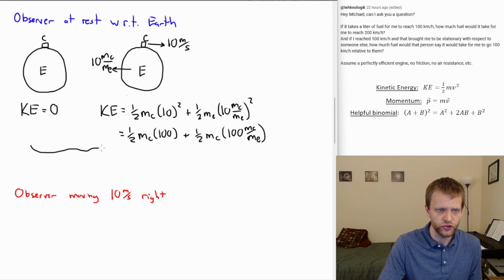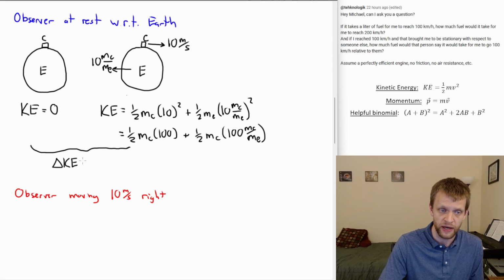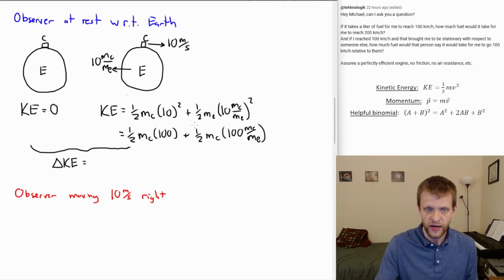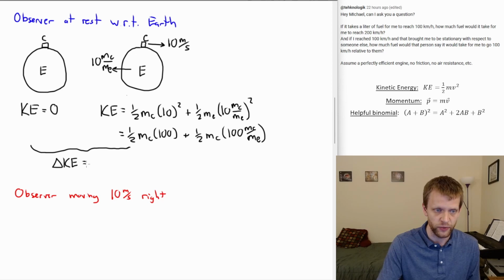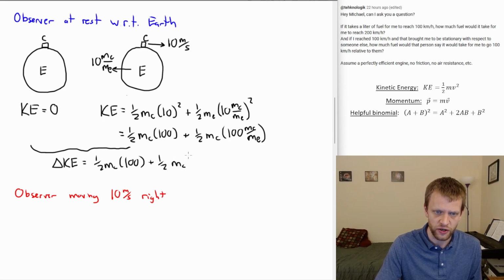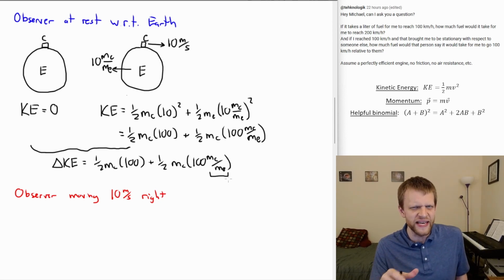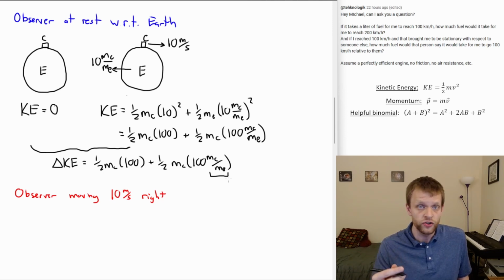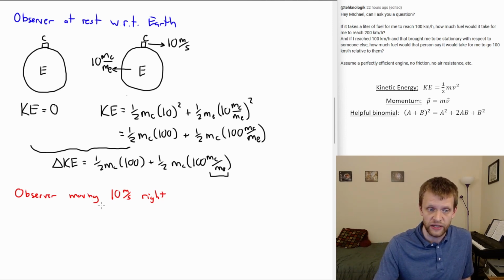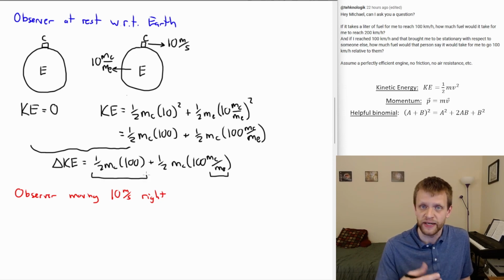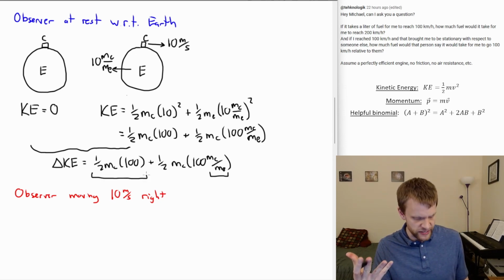And going between those 2 points, my change in kinetic energy, how much kinetic energy I've gained going through this motion, is just this expression: 1/2 mass of the car times 100 plus 1/2 mass of the car times 100 times the mass of the car over the mass of the Earth. Again, this mass of the car over the mass of the Earth is a tiny, tiny value. So in general, when we're looking in the rest frame of the Earth, just saying that this is my kinetic energy is usually going to be just fine.